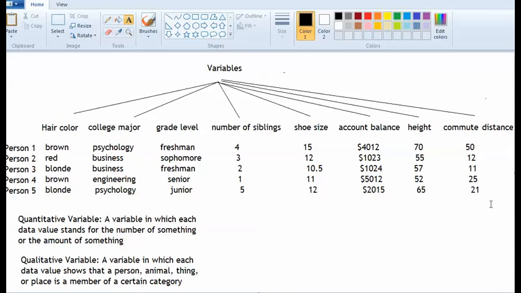Some types of numbers actually don't stand for the number of something or the amount of something. Student ID numbers are one example. Other examples could include social security numbers, jersey numbers, or driver's license numbers.